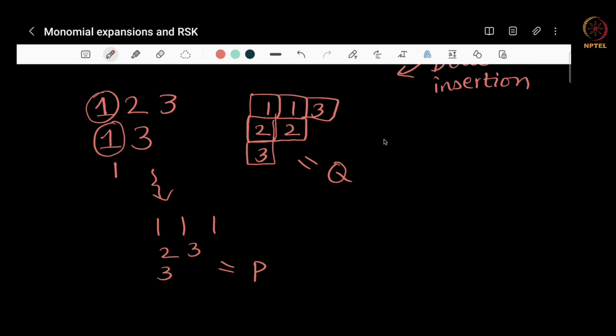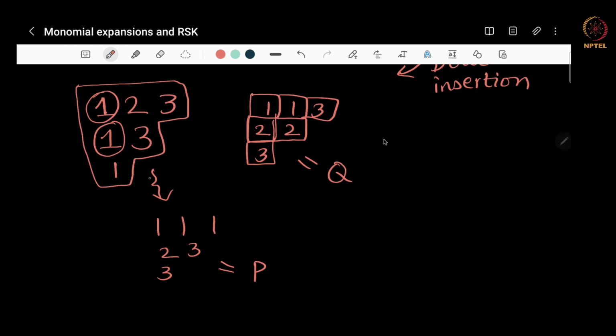Now observe that these are actually conjugate shapes. In this case P and P conjugate are actually the same, but if you see what I did in just the one penultimate step, at this point the shape that I get is the same as the shape of the recording tableau, right? The recording tableau is just keeping track of what the shape is at every step of the bumping.